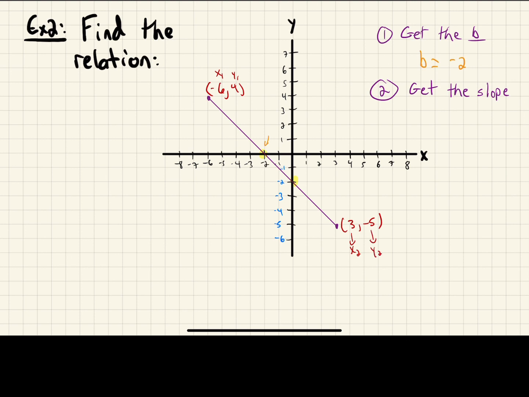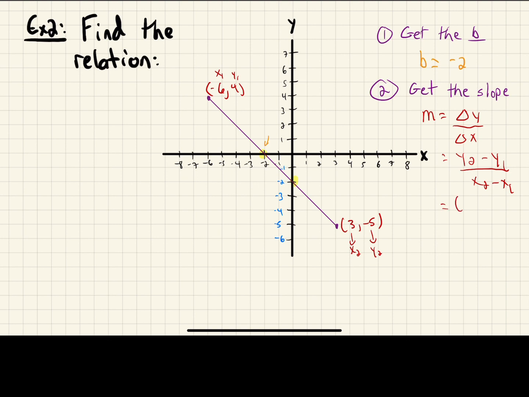And so, of course, using the formula, m is equal to change in y over change in x, or we can expand that to y2 minus y1 over x2 minus x1.